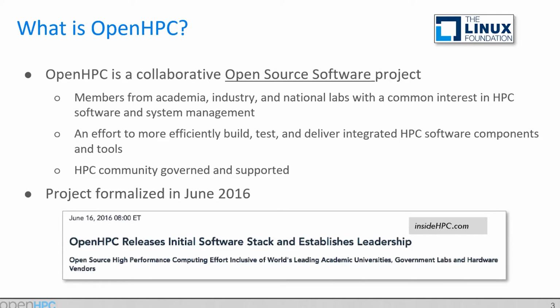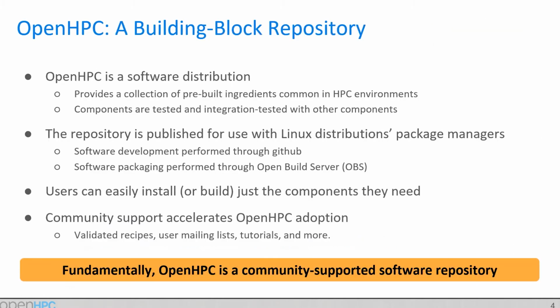Now, ultimately, OpenHPC is a software repository. And we also like to say OpenHPC is a software distribution. So it provides a collection of ingredients that are common for most HPC clusters.